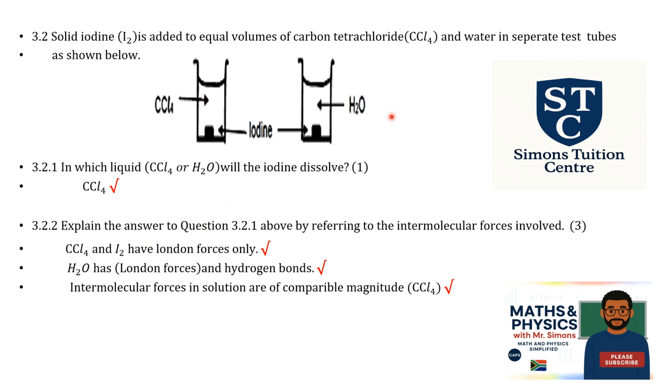H2O has London and hydrogen bonds. So these two are not comparable in strength, but those two are comparable in strength. The intermolecular forces are more or less the same. So intermolecular forces in solution are of comparable magnitude, CCl4 and iodine. Therefore, they are able to dissolve in each other.